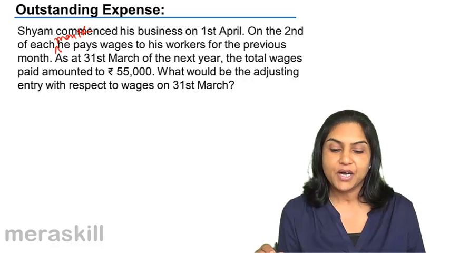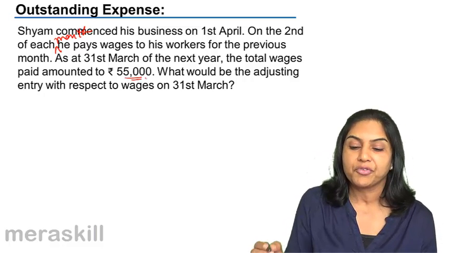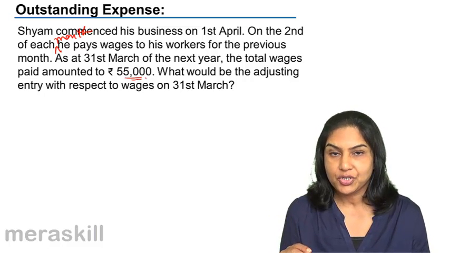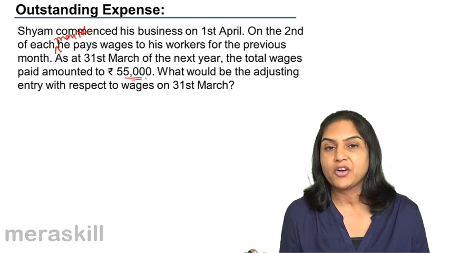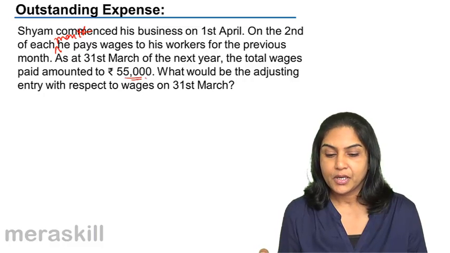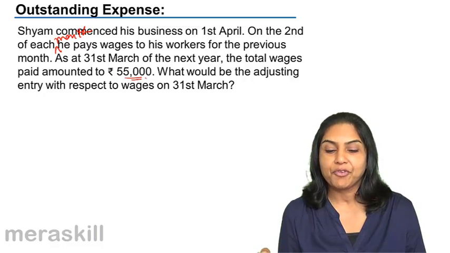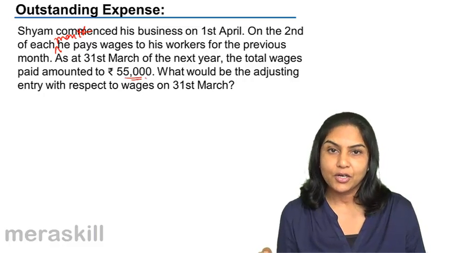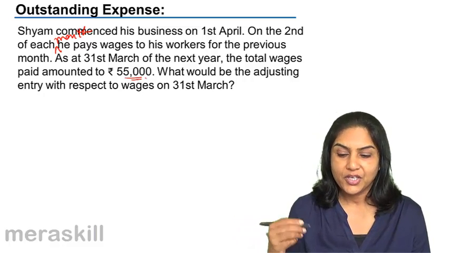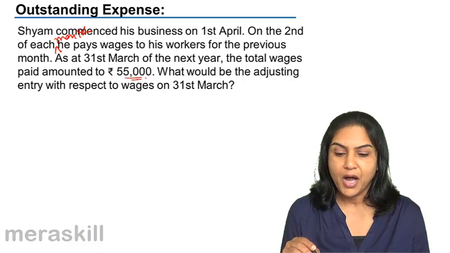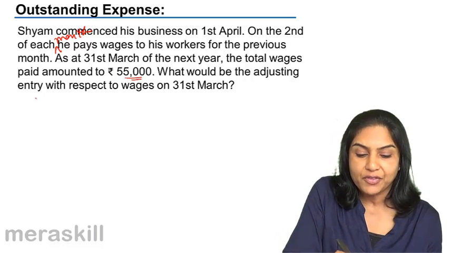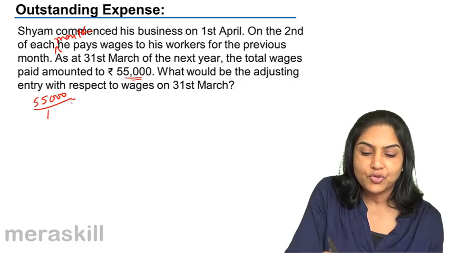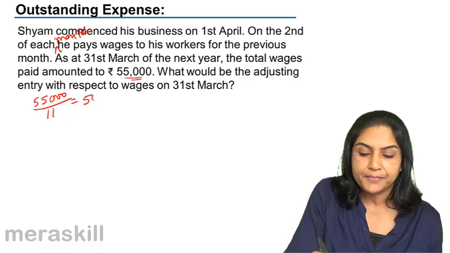As at 31st March, he has paid a total amount of 55,000. He would not have paid the salary for March. The salary for March he will pay on the 2nd of April. Now, if he has paid 55,000 for 11 months, 55,000 for 11 months comes to 5,000 per month.